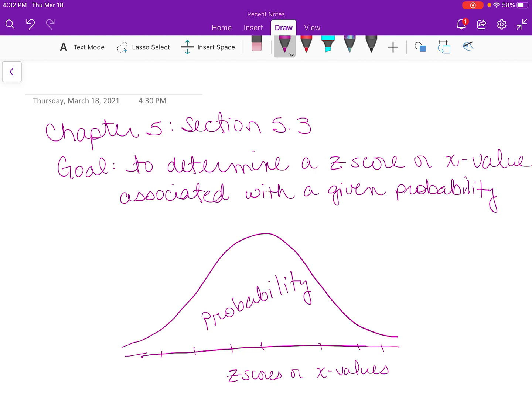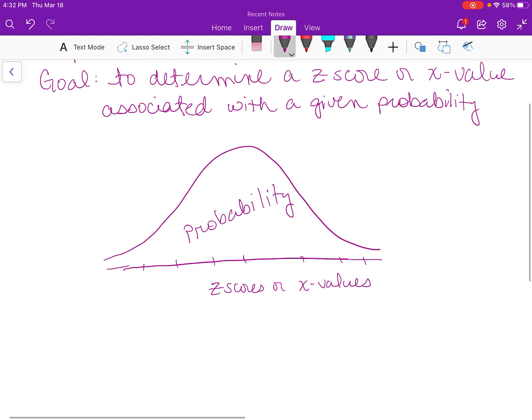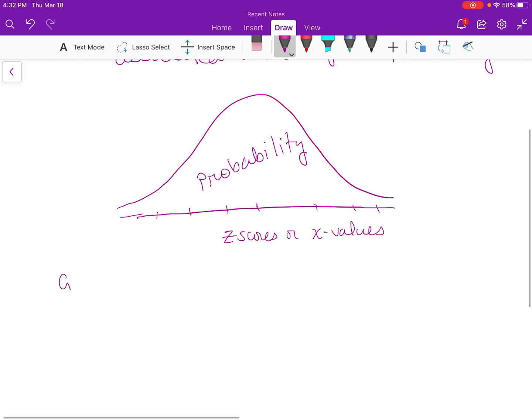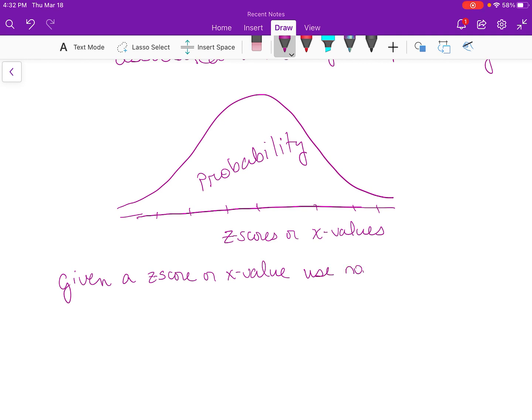And to go from the outside in, so when given a Z-score or X value, you use the normal CDF function to find probability.